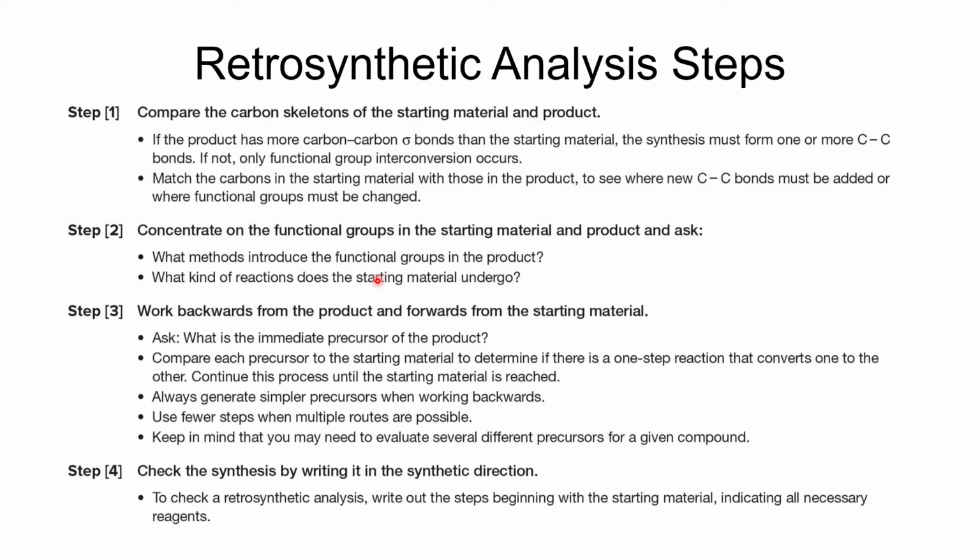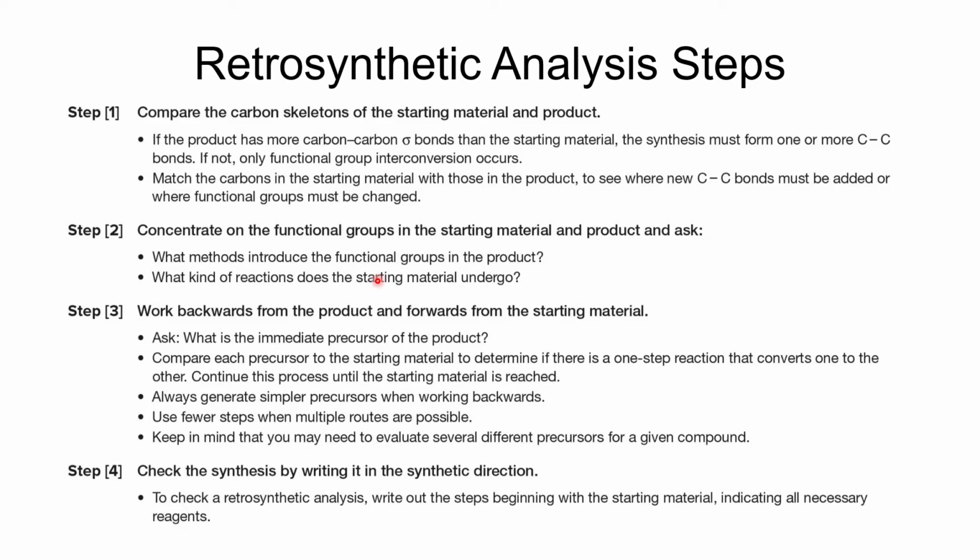You may have started with an alkyl halide, and so your question may be, well, what are all the ways I know to turn an alkyl halide into an alcohol? And then sometimes we have to work backwards a few steps from our product and work forward a few steps from our reactant, and then eventually we may be able to get to our product, or get to a synthesis that works.